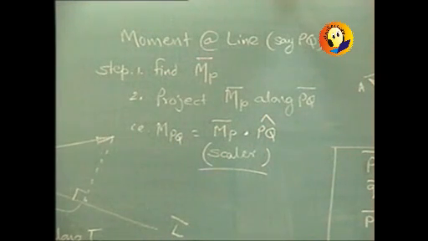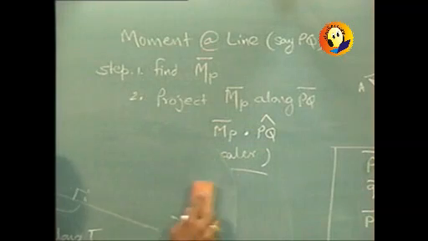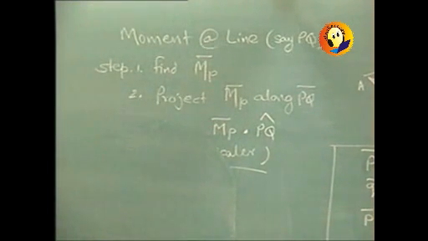So we will be following these steps for finding the moment about some line. If it is moment about a point, the job is simple and straightforward. So let us have a look at the problem which is to be solved for finding the moment.